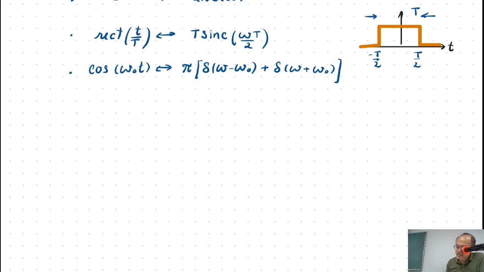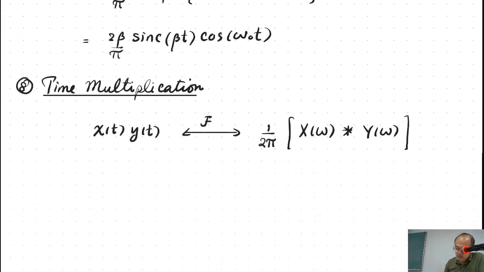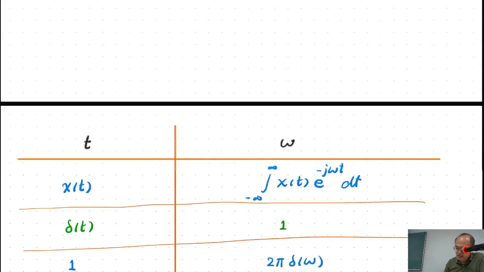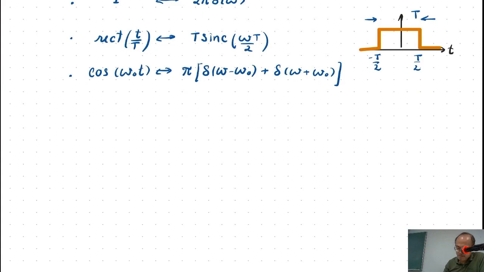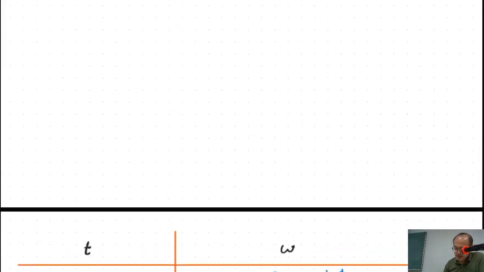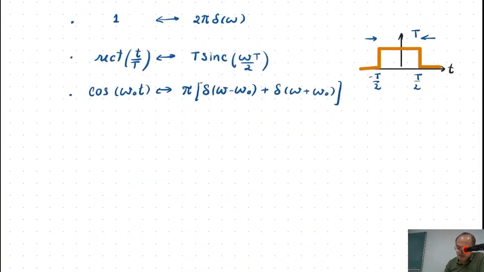And the last property that we talked about last time, I think, was time multiplication. So I'd like to take a few seconds talking about it again. It is number 8, so I'd like to make it consistent. Number 8, it was the time multiplication property.